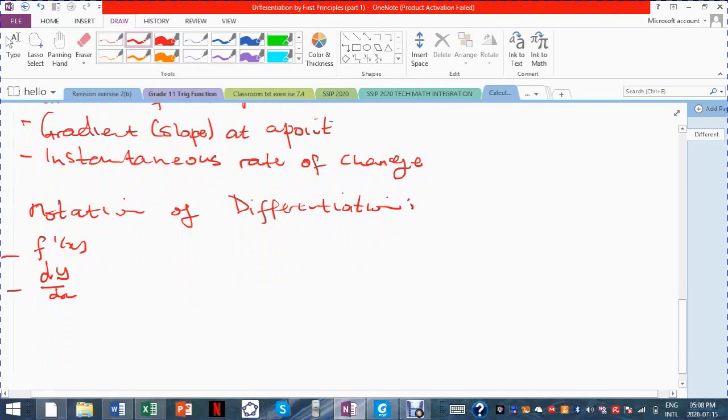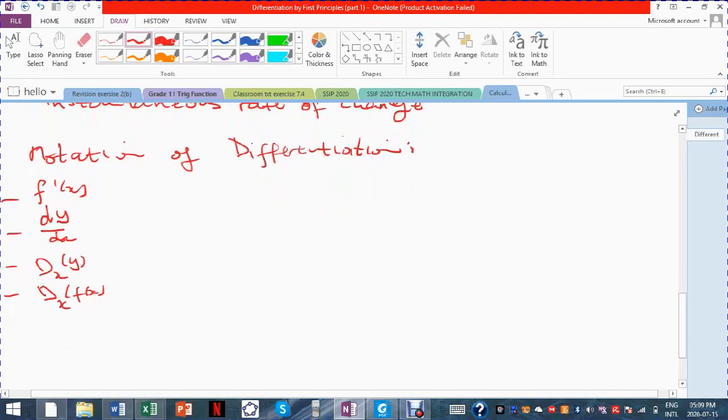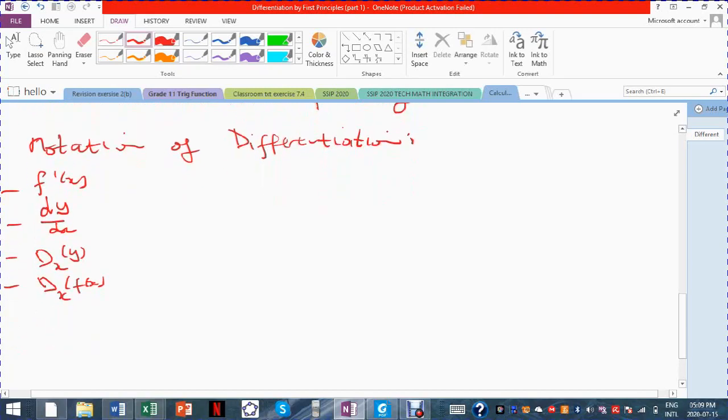Or we can have what we call d/dx. So the capital D just means the derivative with respect to x. And as well we can have d of f of x with respect to x. So you can see all the symbols actually mean the same thing. Or we can have d of f of x over dx.